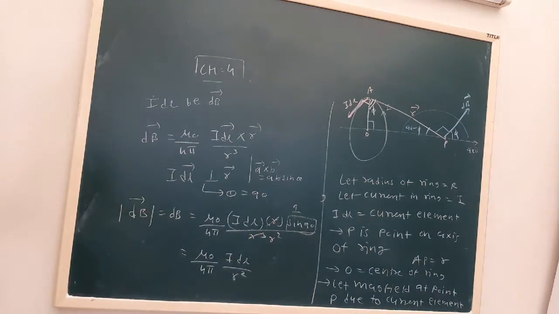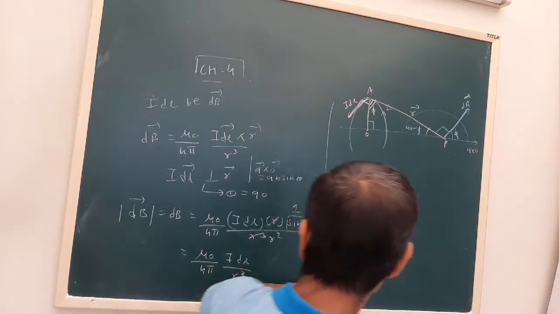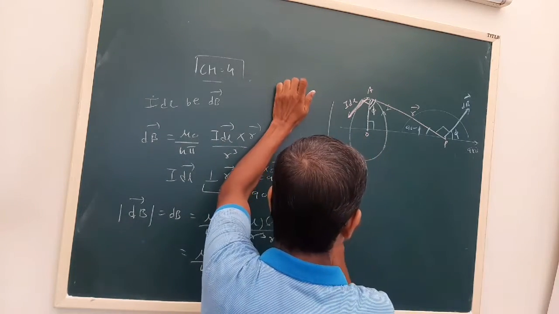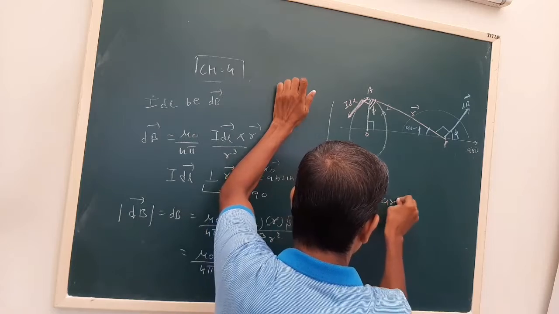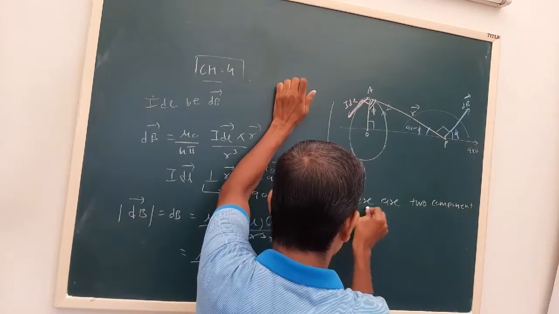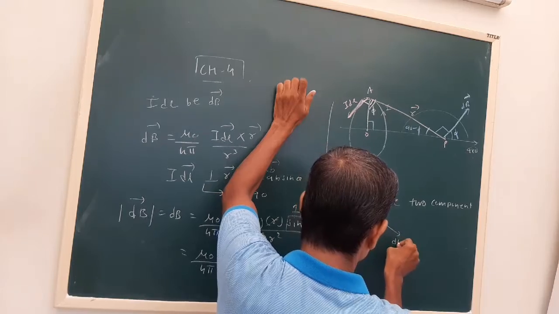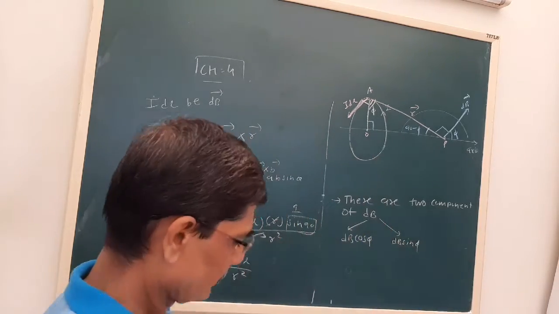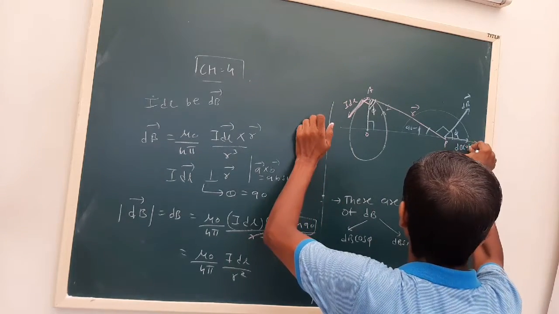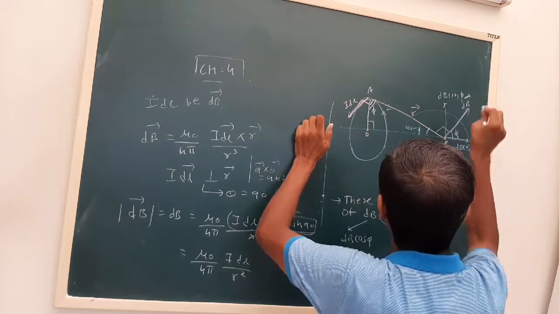Now as I told, the magnetic field is a vector quantity, so there are two components of dB. One is dB cos phi. Now by the definition of vector, dB cos phi will be in the x-axis.